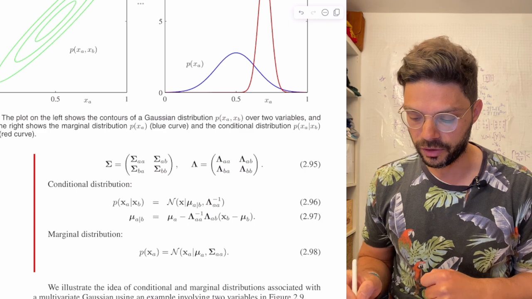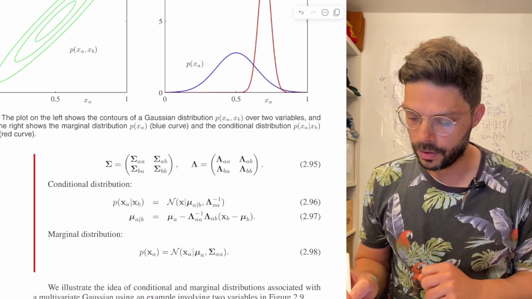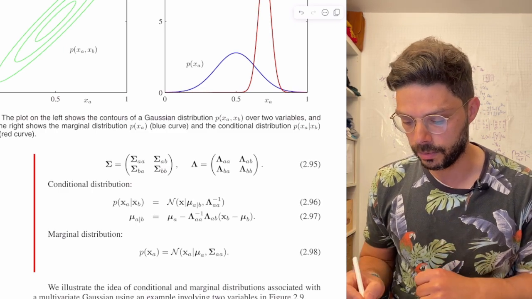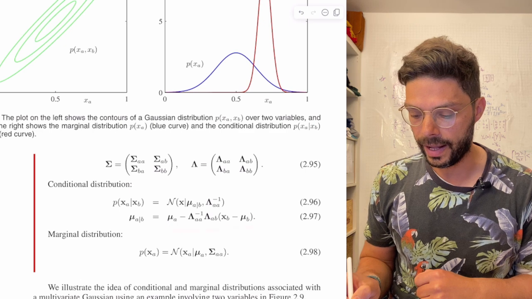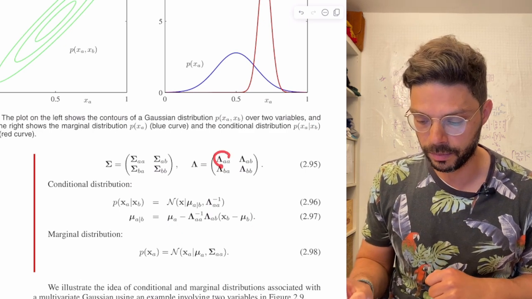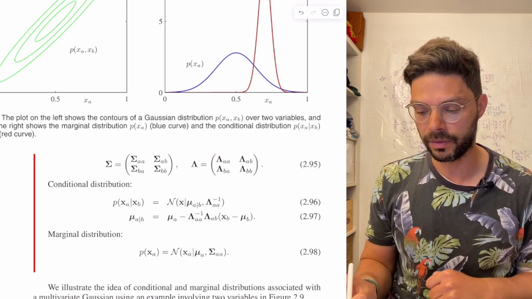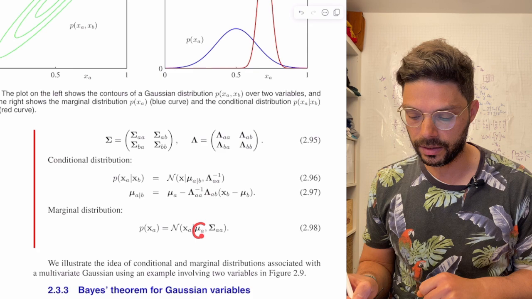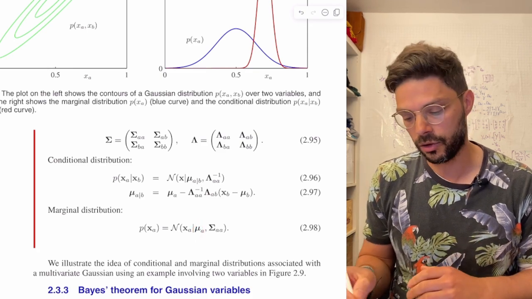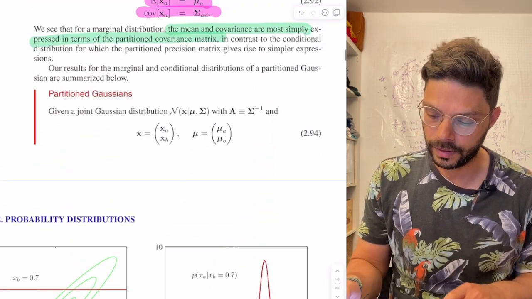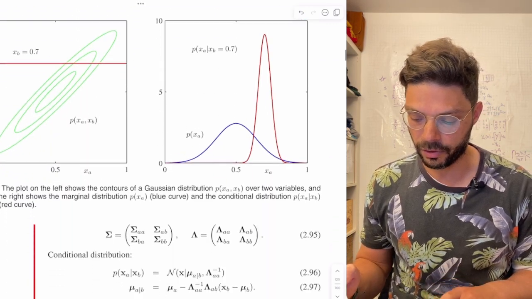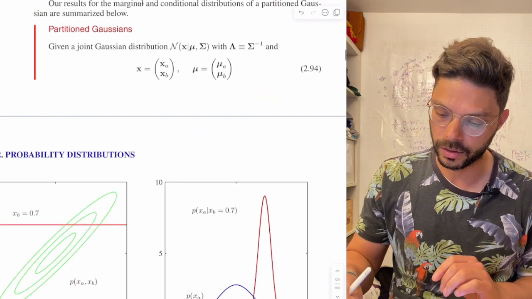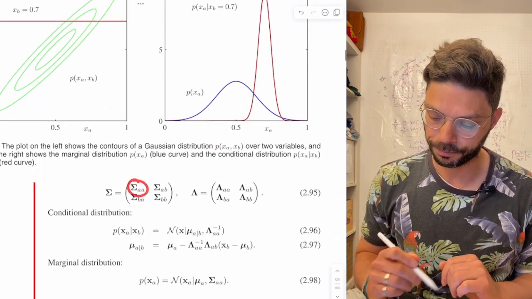For the conditional distribution, the mean is going to be updated in a particular way, and the covariance is just going to be the inverse of the precision. And for the marginal distribution, the mean doesn't get updated either. The mean is just the marginal mean, this thing, so no update, and the covariance is just the marginal covariance, which is this guy.